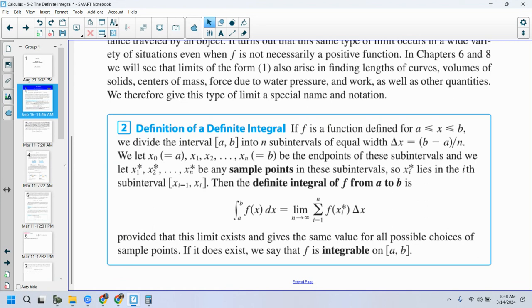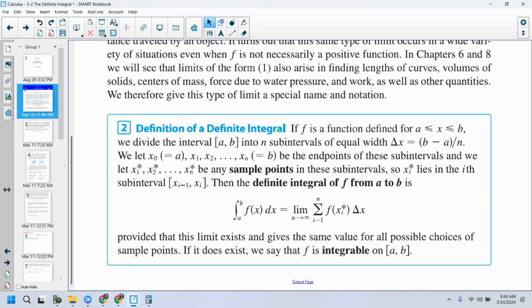Now, this is going to be the definition of an integral. If f is a function defined between a and b, we divide the interval a to b into n subintervals of equal width. That's exactly what we did before. We divide it into equal intervals of width delta x, where delta x is b minus a over n.